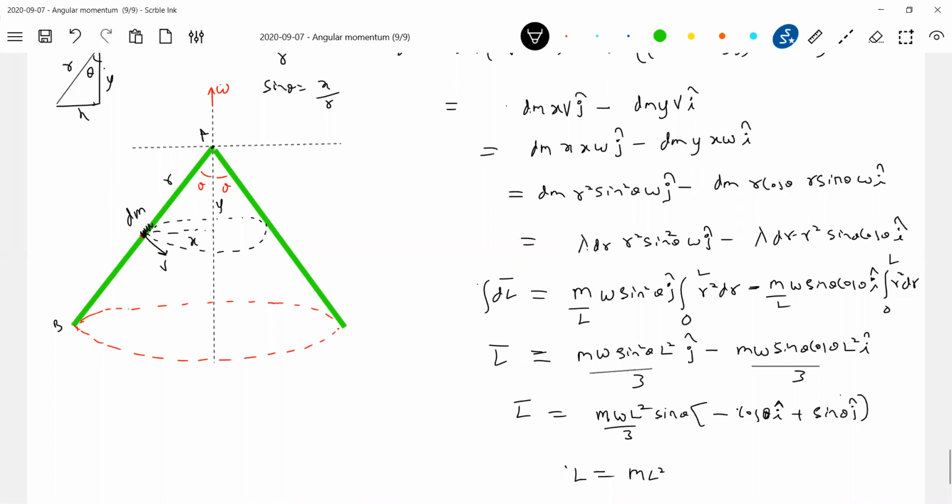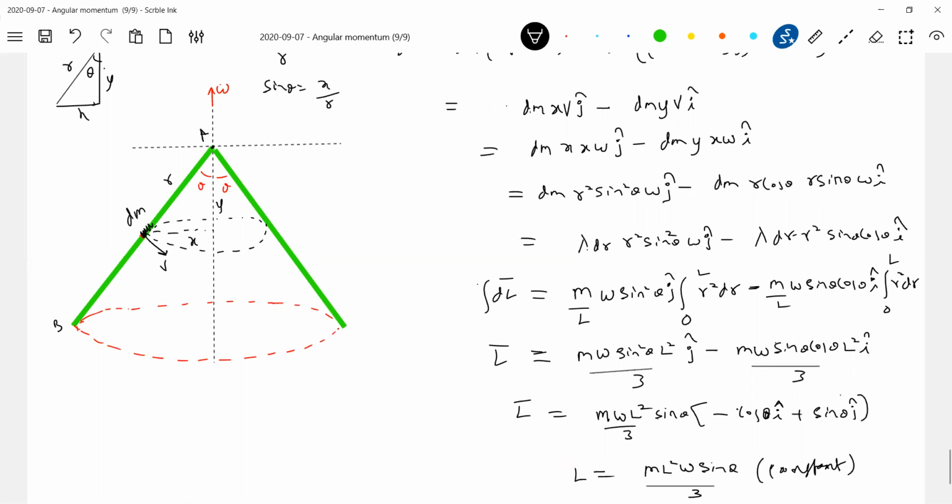So the magnitude of L will be M L square omega sin theta by 3. This is the magnitude, and it will be constant. But what about the direction? The direction will be continuously varying. Then who will vary it? On its own it cannot rotate; somebody should spin it. Who is that somebody spinning? The action agent.